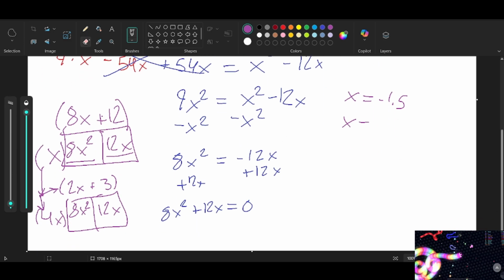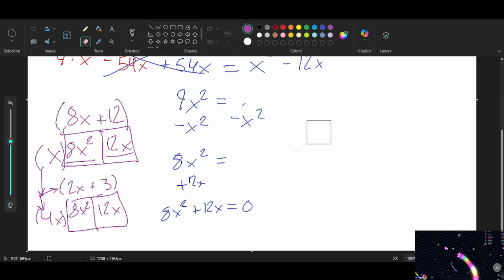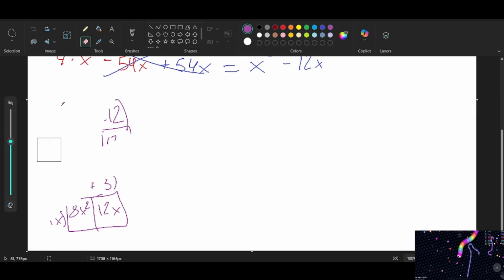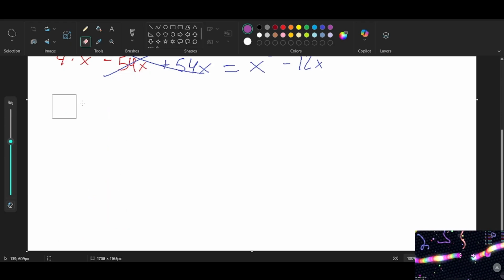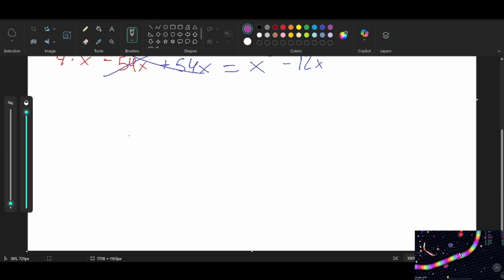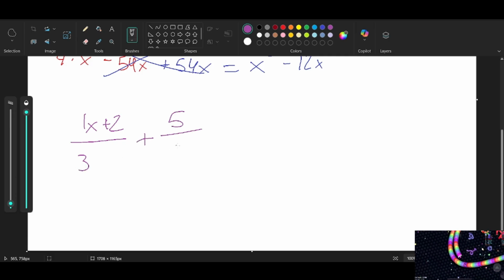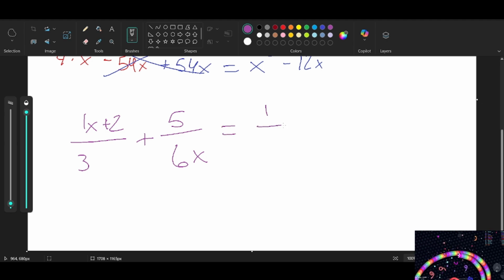Sometimes there are a few scenarios, and I do want to talk a bit about what you might encounter, because you won't always have an easy solution. You might have some function like 1x plus 2 over 3 plus 5 over 6, x equals, I don't know, 1 over 2.